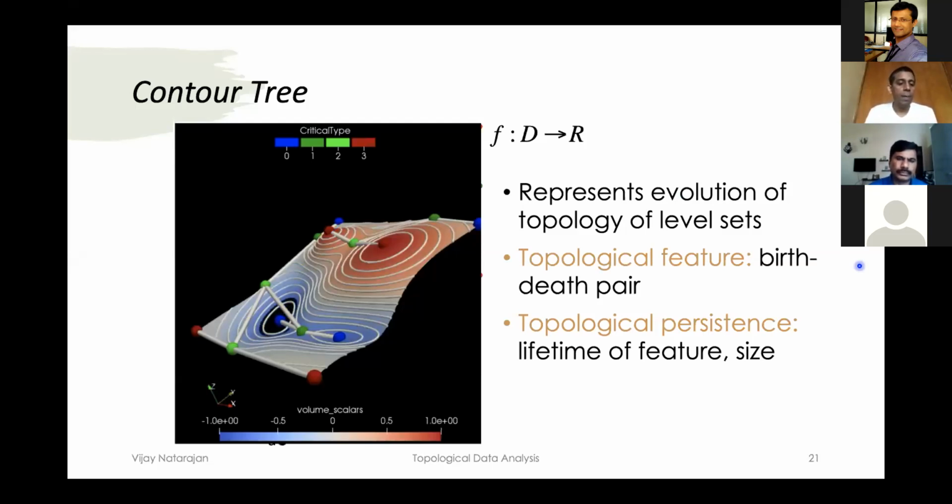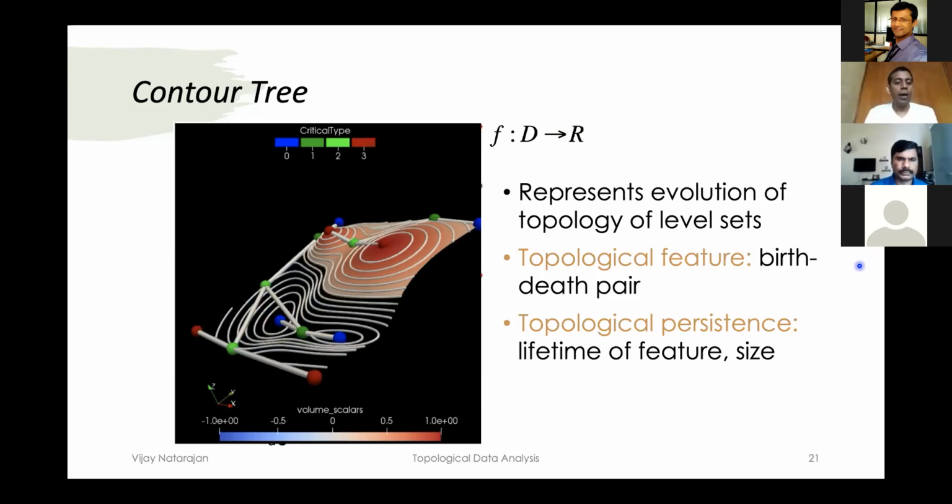Right? So here you see essentially the same function with just a minor difference, but it's shown as a surface. And you can see the evolution of the level sets as you increase the function value. So you see that the boundary of this black region is the level set. It has two components now, right?